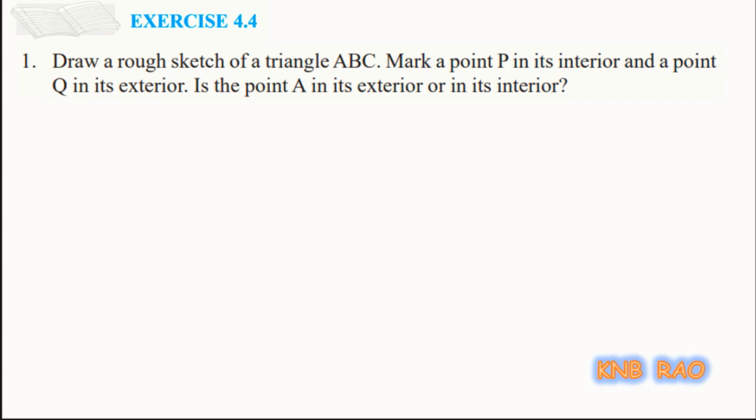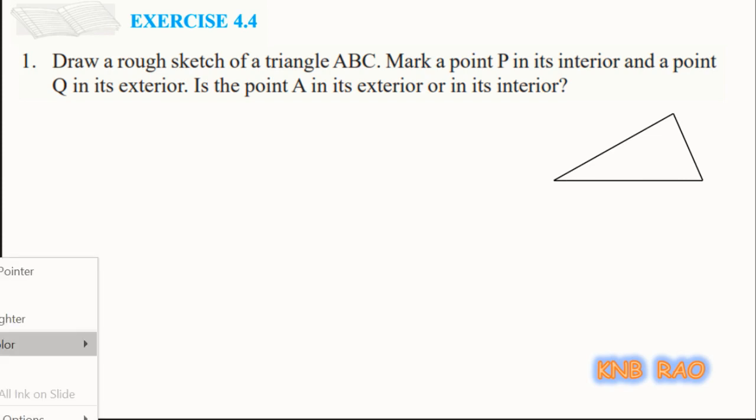Now if I draw AB side, then BC side, then CA side, I will have here A, B, C. These three vertices joined form a triangle ABC. We drew a rough sketch.